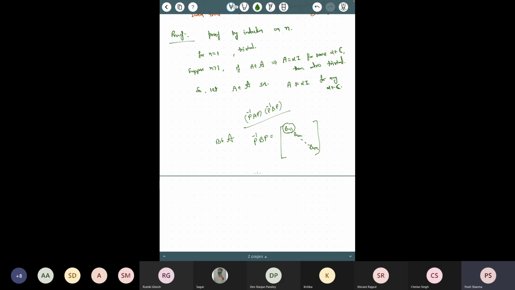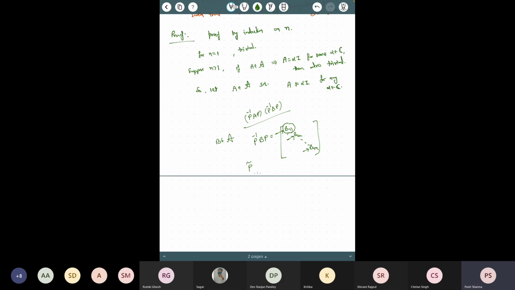We applied the induction hypothesis on these, and then using the transformation matrices for these blocks, we constructed our transformation, let's say P tilde, that simultaneously diagonalized all the matrices in the family. This is what we did in the case of simultaneous diagonalization.